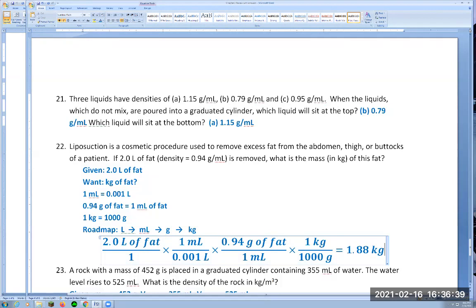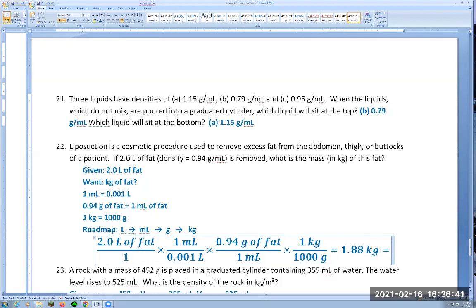Now we need to pay attention to the number of sig figs. We have 2 sig figs in the given amount of 2 liters. Remember how, by definition, 1 milliliter is 0.001 liter, and that's exact. It does not limit the number of sig figs. Same with the kilogram and the 1,000 grams.